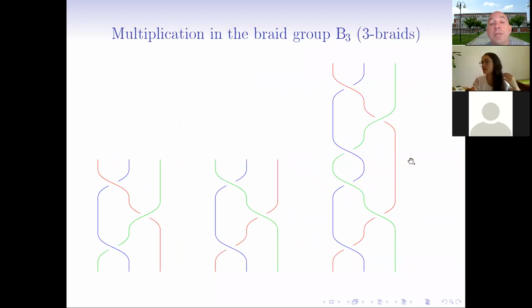So how to multiply two braids? We take one, another one, and then just compose, right? We combine the ends of the first one with the starting points of the second one. We'll get another braid. So in fact, it's easy to see that the group will consist of infinitely many possibilities.